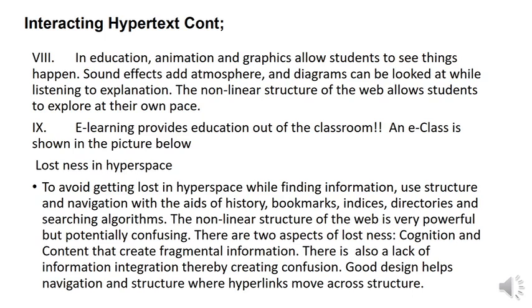There are two aspects of lostness: cognition and content that creates fragmental information. There is also a lack of information integration, thereby creating confusion. Good design helps navigation and structure, where hyperlinks move across structure.